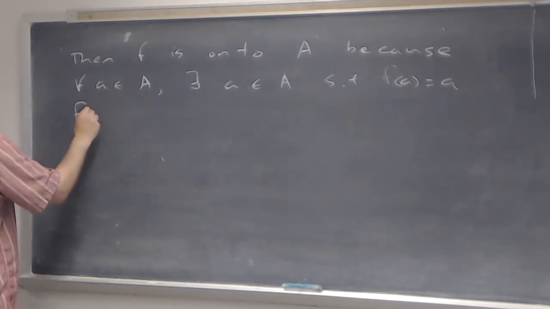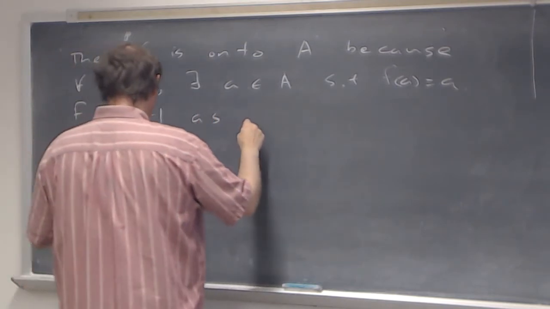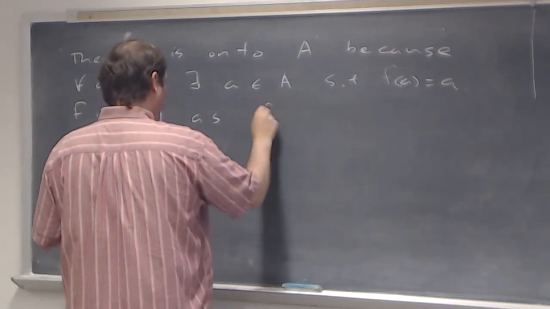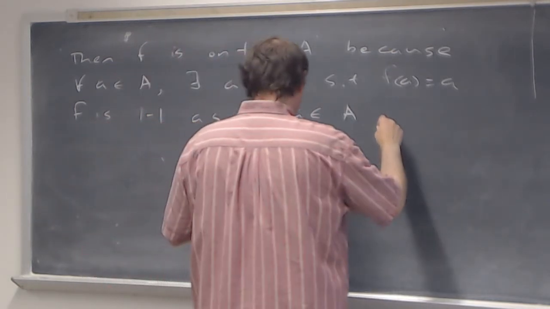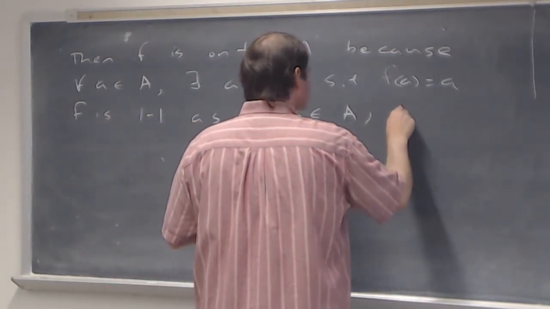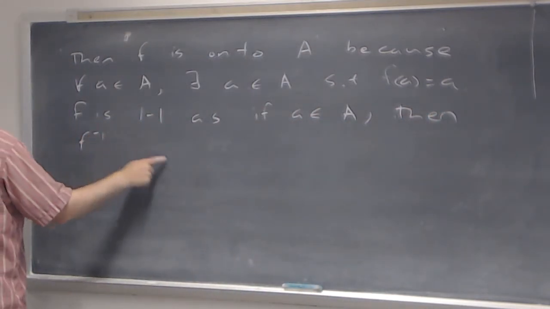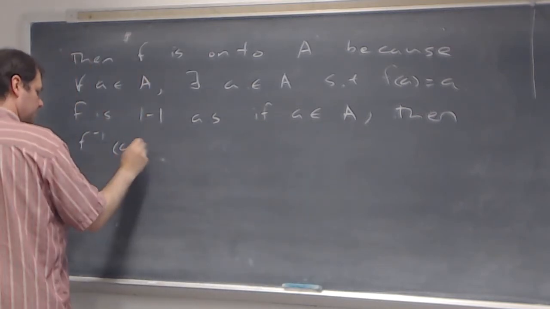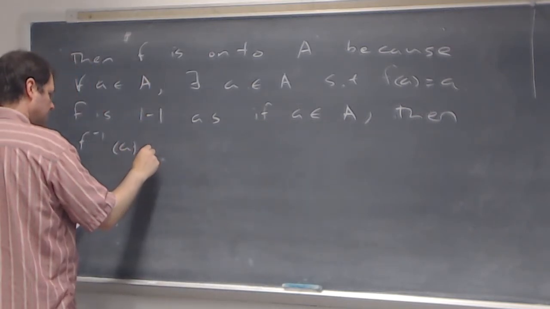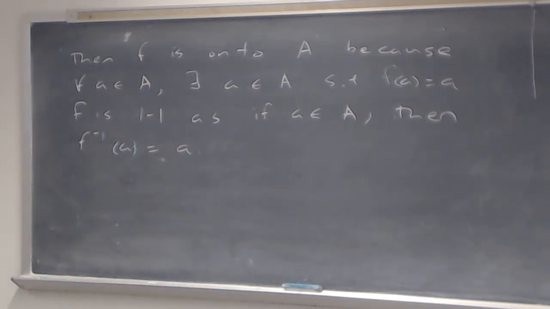Then f is one-to-one as, if a is an element of A, then the inverse image of that a, where a is in the range, equals a. So there's only one element.